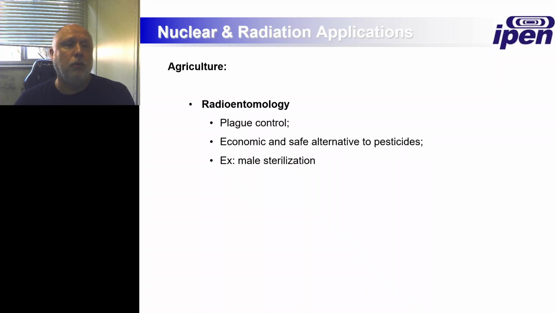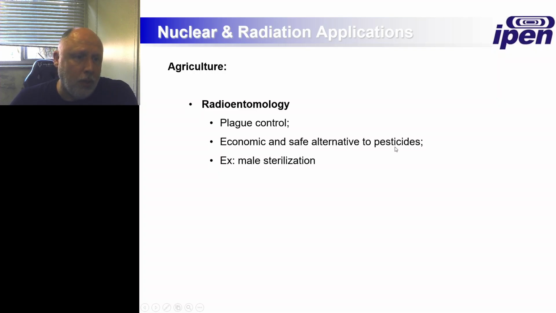One of the very important things is radioentomology, meaning you try to use radiation to understand how animals work, how animals live, and the whole system. This is used for plague control.